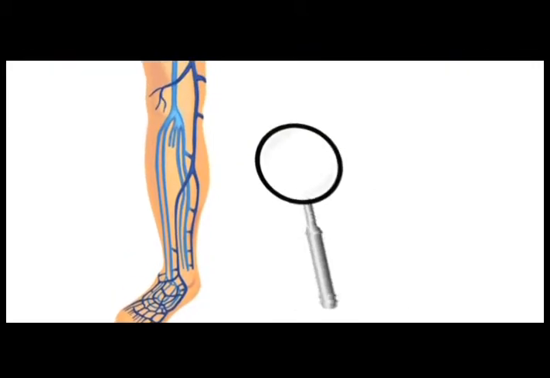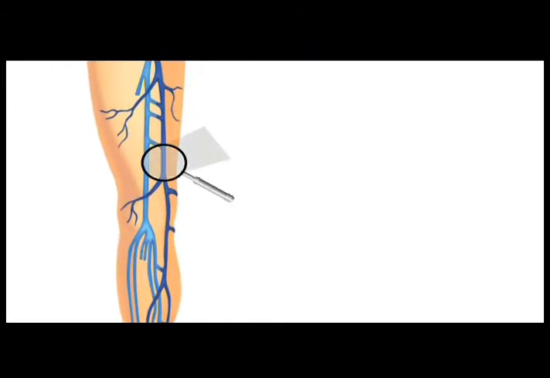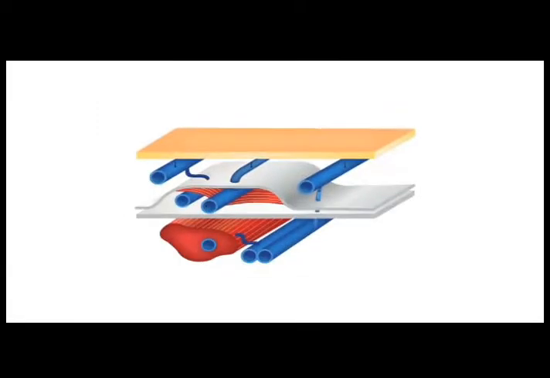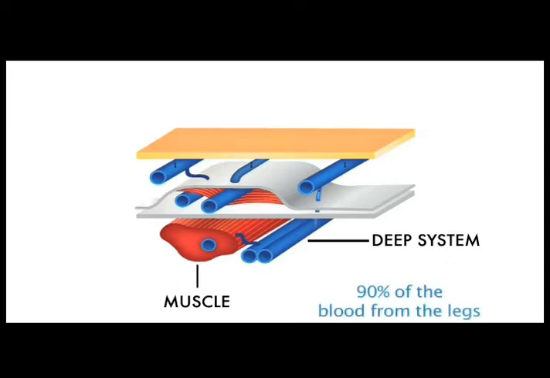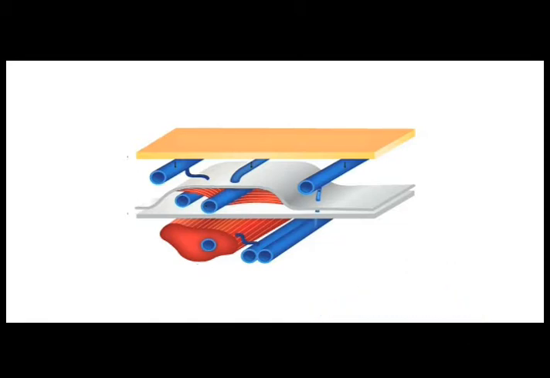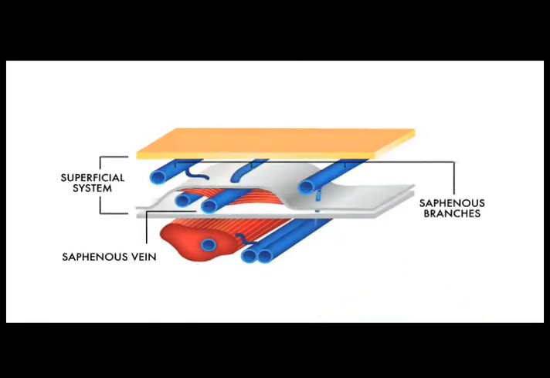It is important to realize that there are three systems of veins. There is the deep system, which lies between the muscles of the leg and cannot be seen or felt. These veins are responsible for returning 90% of the blood from the legs. There is a superficial system. This is composed of the great saphenous and the small saphenous veins and their branches.